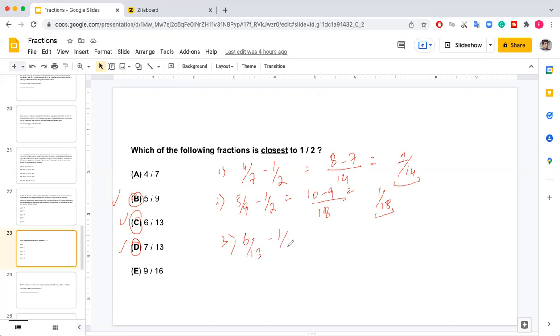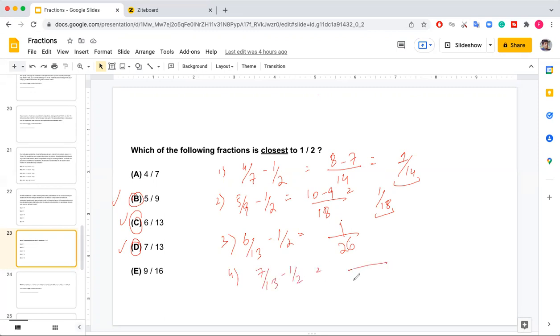The third one is 6/13 minus 1/2. The LCM will be 26. So 1/26. Am I right? Next one is 7/13 minus 1/2.